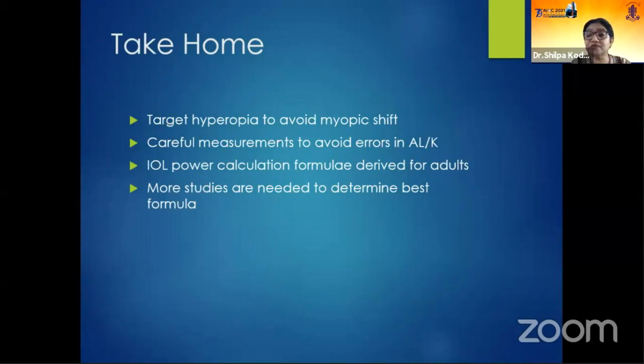But whatever we have today, we are going more towards doing primary IOL implantations, doing closer to emmetropia in the smaller age group, and then tackling those children later on with contact lenses and aphakic corrections, or even secondary IOL implantation being your procedure later on in age, as compared to trying to fit contact lenses and aphakic correction in infants and babies. So this is the take-home message.